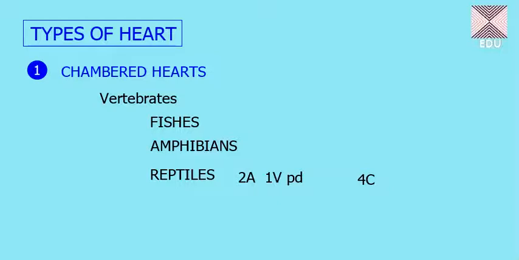Here we have two streams of blood and they are kept separate in the whole of the heart in the reptiles. Now after reptiles, if we talk about the next group, these are the birds and the mammals.